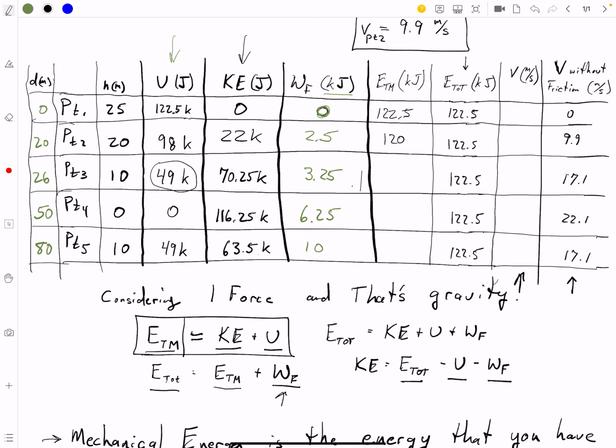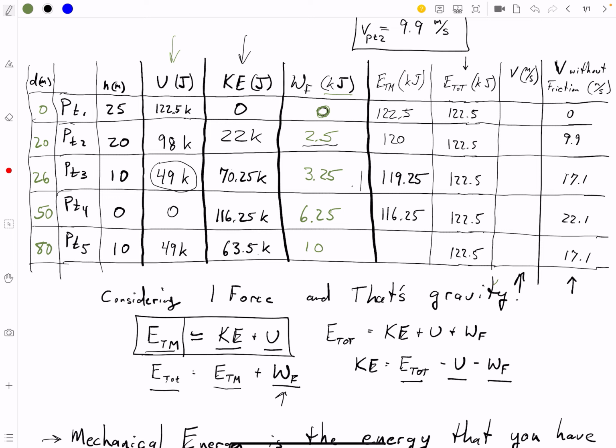So we've lost the 2.5 here. 49 plus 70.25, that's 119.25. 116.25 is all we have for the fourth point.